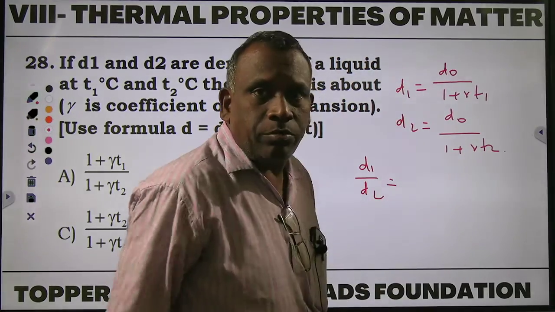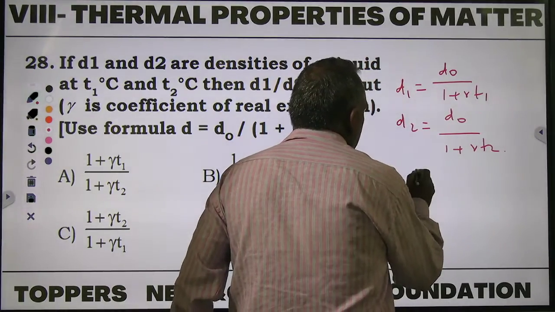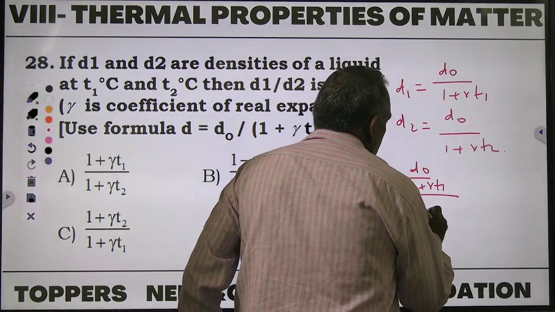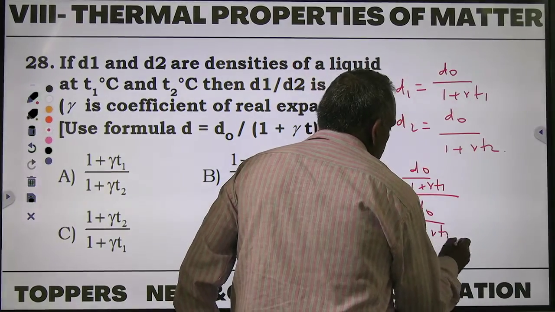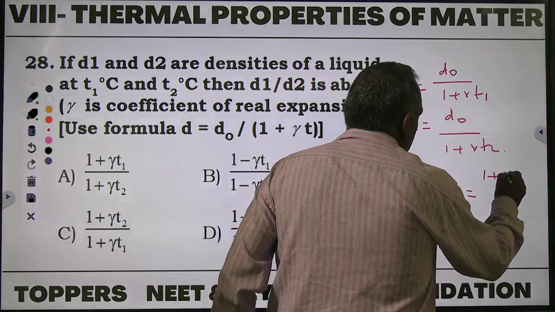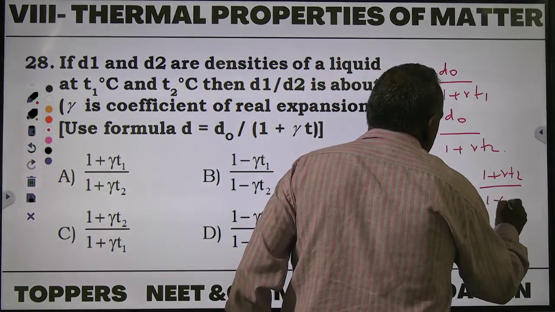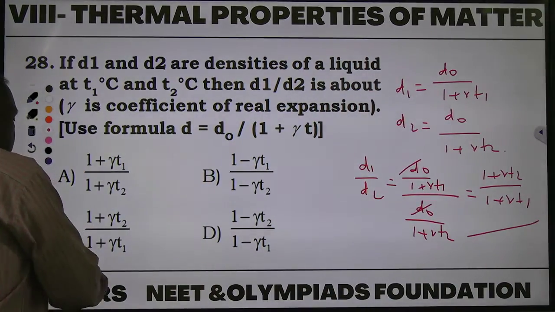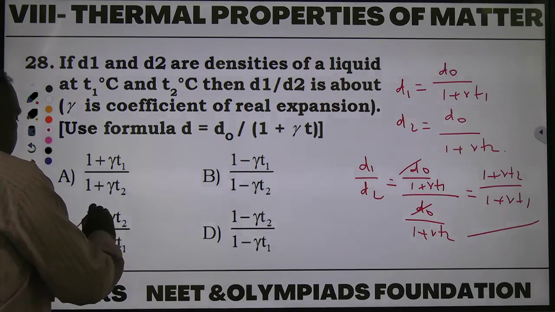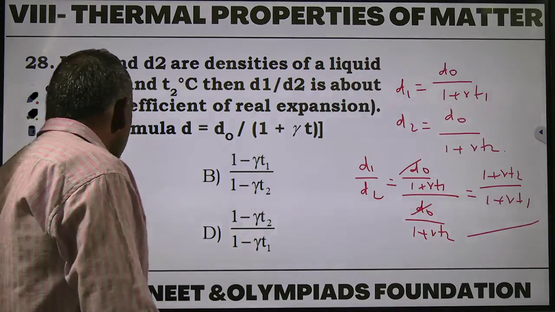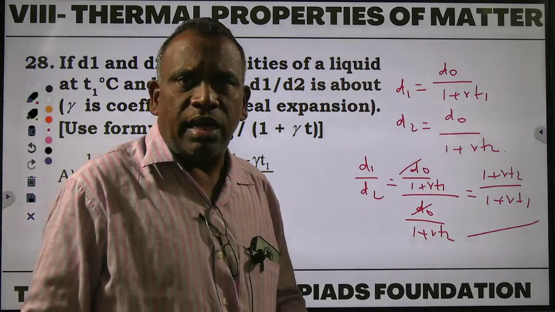So d naught upon 1 plus gamma t1, over d naught upon 1 plus gamma t2. So d naught gets cancelled. Then you will get 1 plus gamma t2 upon 1 plus gamma t1. See, this is the answer. Might have been given as option A in the key, but it is option C. Option C is the correct answer: 1 plus gamma t2 by 1 plus gamma t1.